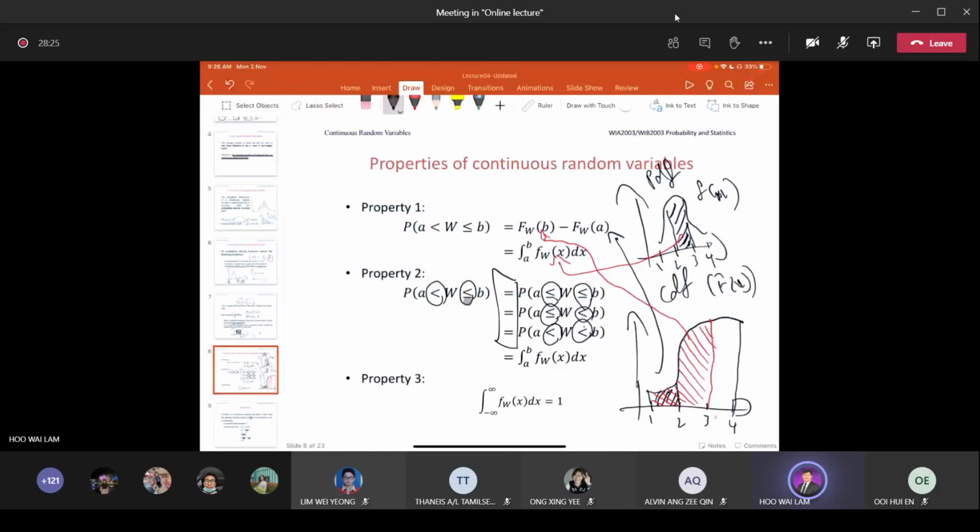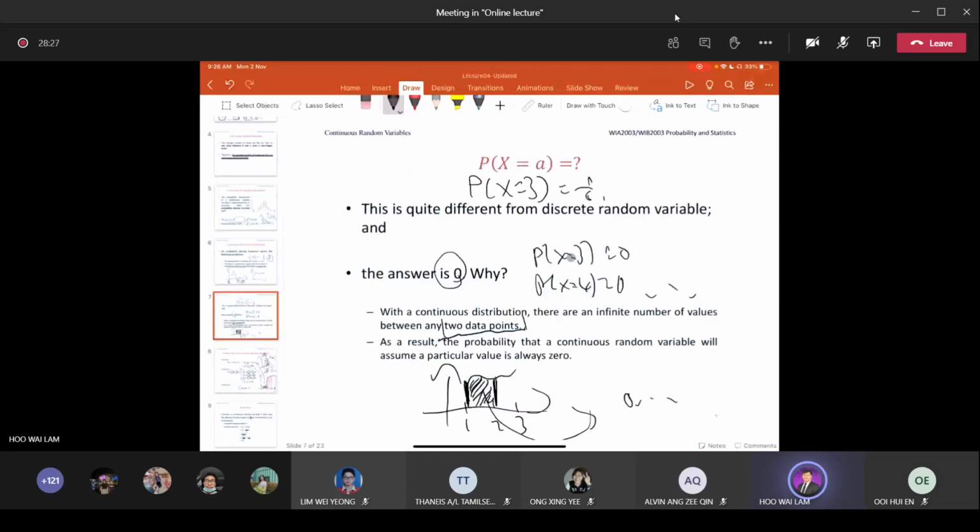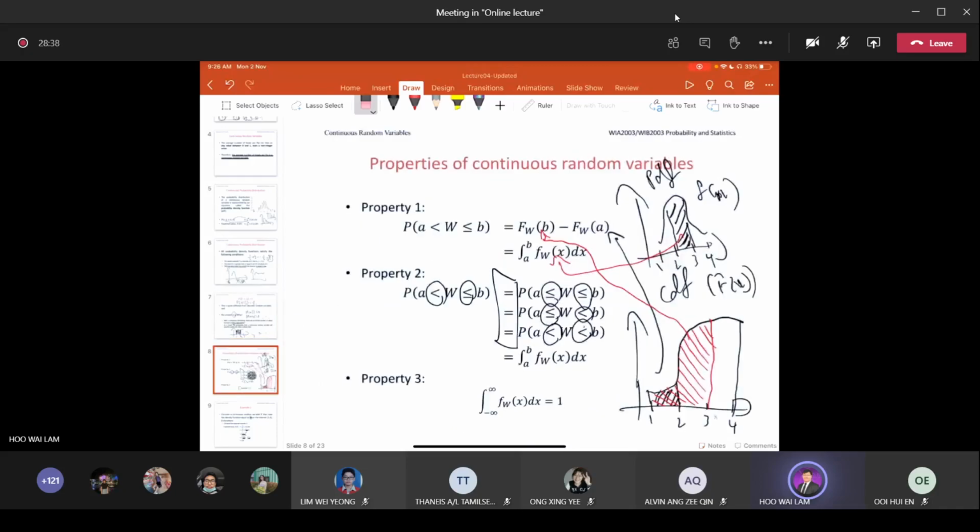Even if you include or exclude the probability value of x equal to a certain value, it's always 0. That's why, following probability 2, no matter whether you define your range with or without the equal sign, it always gives you the same outcome for the integration over here, right?